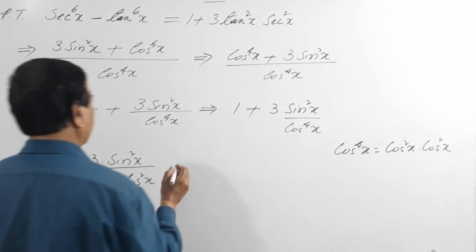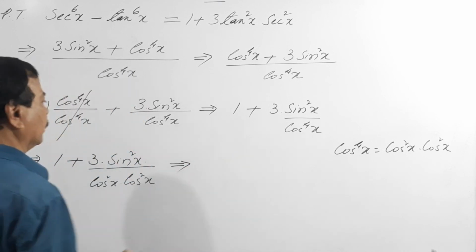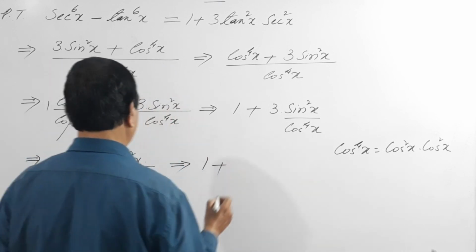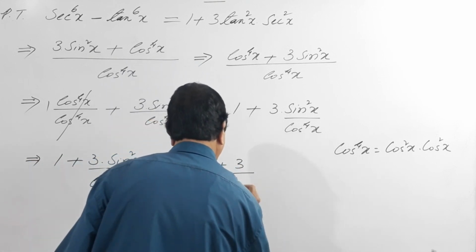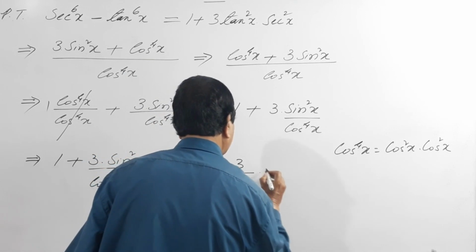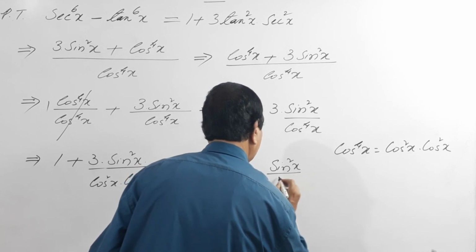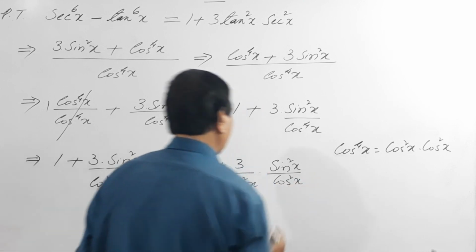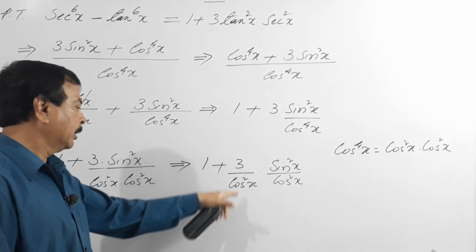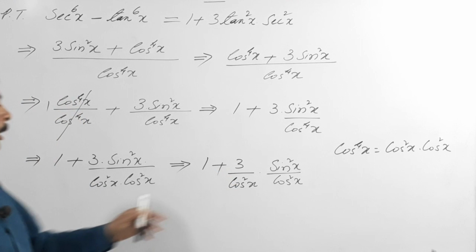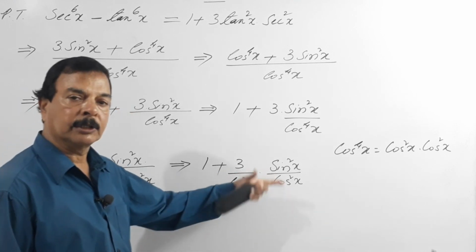So this equals to what? 1 plus 3 by cos square x into sin square x by cos square x. Can I write like this? What I have done, I have split this, 3 के नीचे डाल दिया हूँ cos square x, and इसको, and what is sin by cos? Sin by cos is nothing but tan.